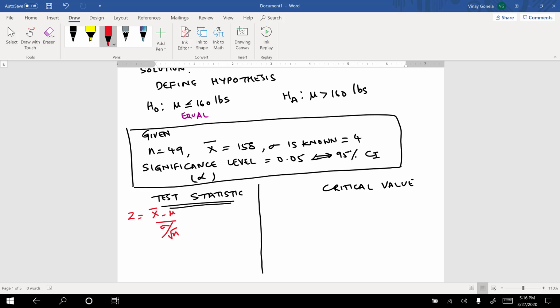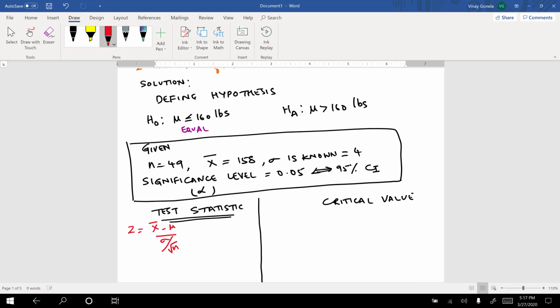Why are we using z again? Our sample size is 49, so n is greater than 30, and sigma is known. These two together suggest that we use z stat.